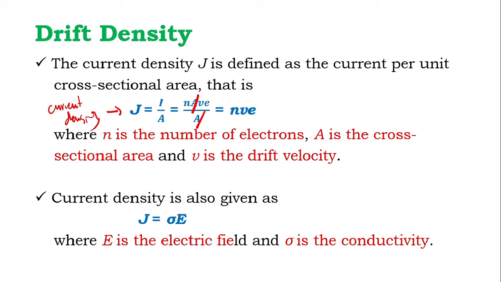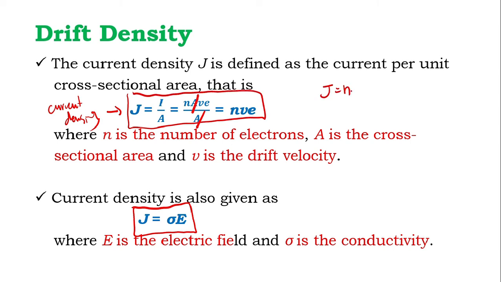Whereas n is number of electron, A adalah cross sectional area, v adalah drift velocity. And then the current density also given J sama dengan sigma E. E adalah electric field, sigma adalah conductivity. So nak kira current density ada dua formula. So J is equal to nve or sigma E. Current density.